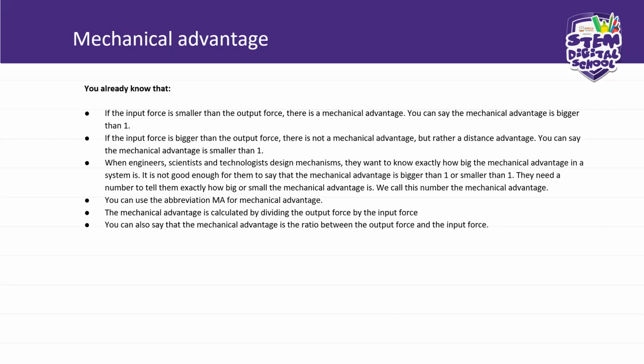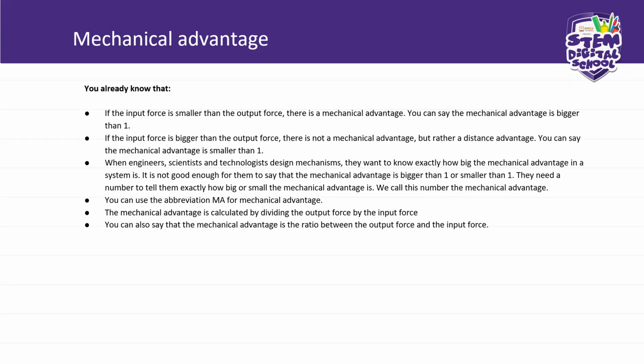Let me tell you, my children, if you Google or look in your textbooks at the formula for mechanical advantage, generally for different kinds of systems, it will be load divided by effort. Output force is the load, divided by input force.